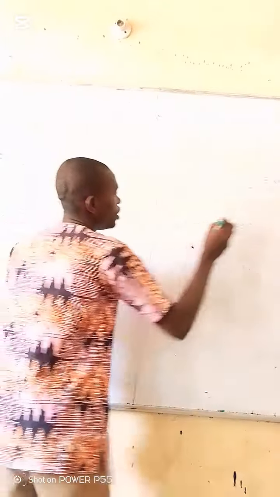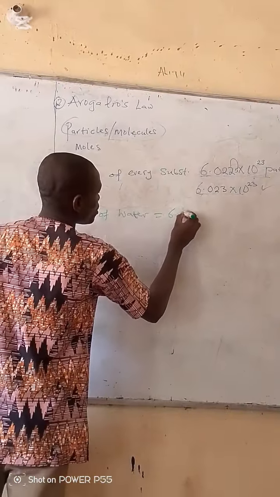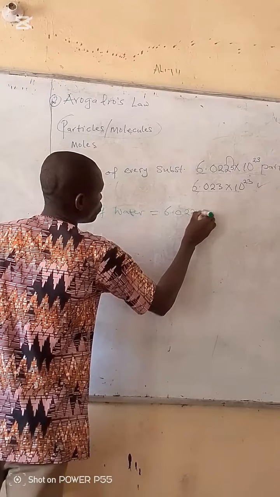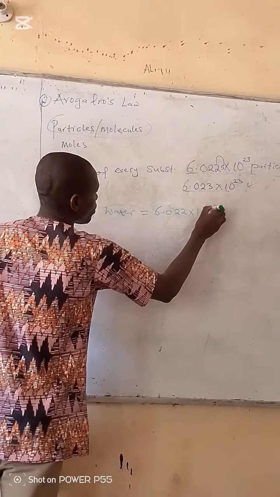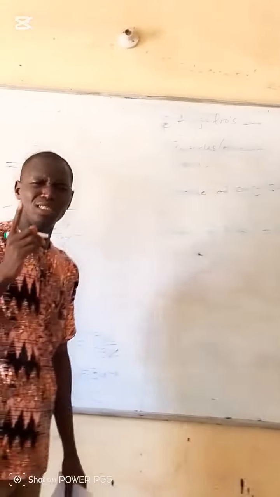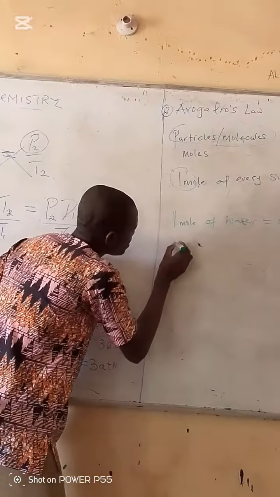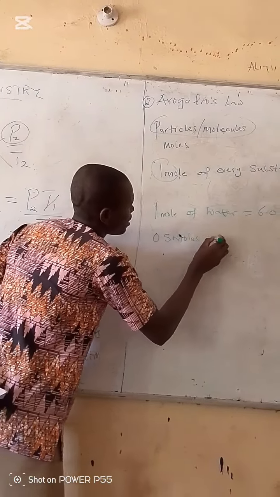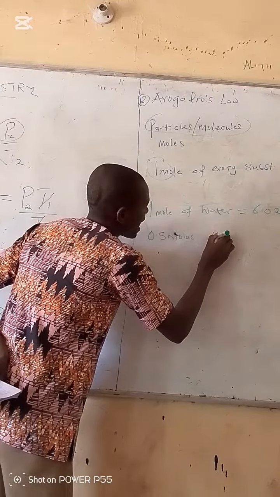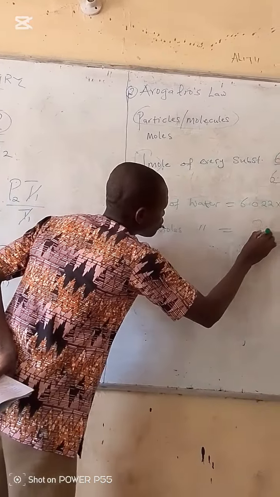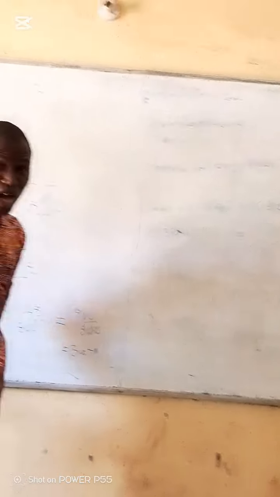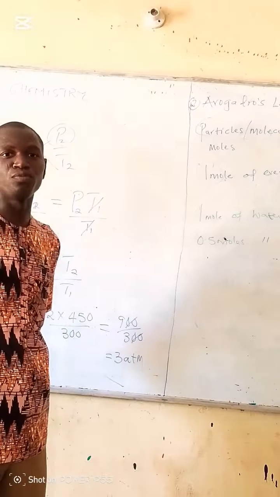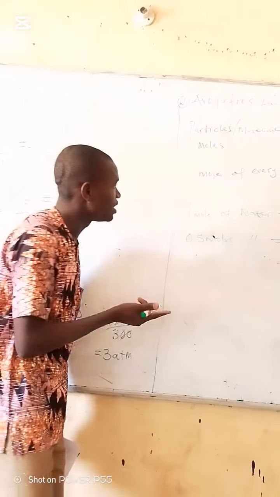According to the law, it has 6.022 times 10 raised to power 23. Now the question is this: what of 0.5 moles of the same water? How many particles, how many molecules are we going to have? That's the question. So how do we go about this?